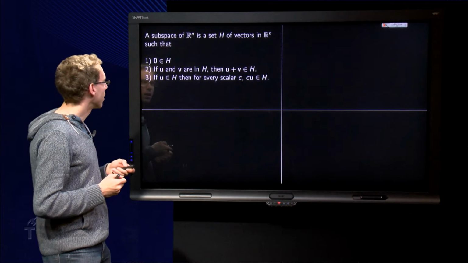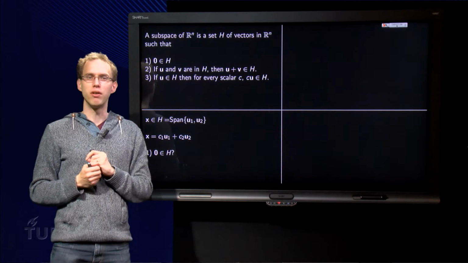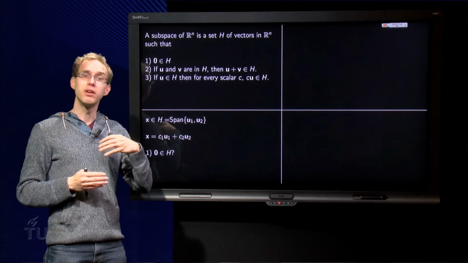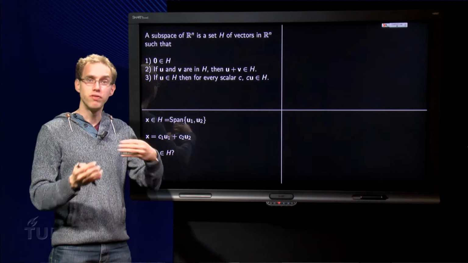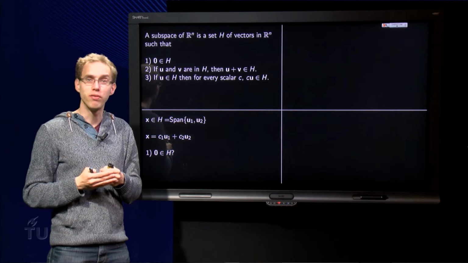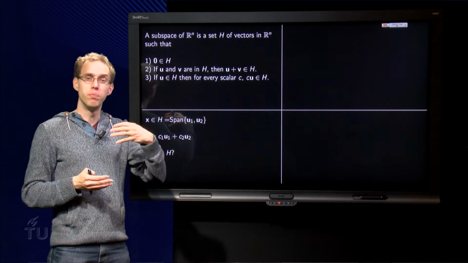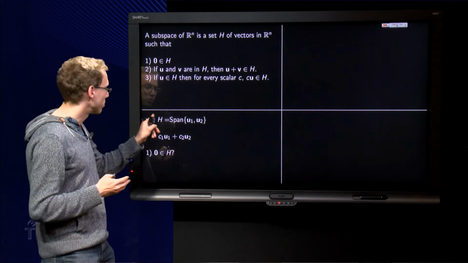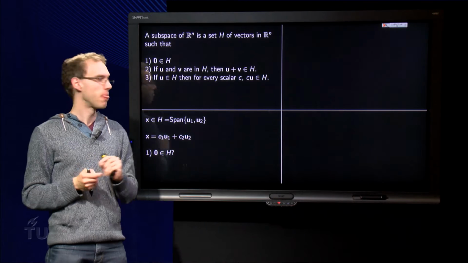Well, let us look at a span of two vectors, u1 and u2. Because the proof for a span of two vectors is exactly the same as the proof for a span of more vectors, just a lot more writing is involved, so that's why we will do it for just two vectors.